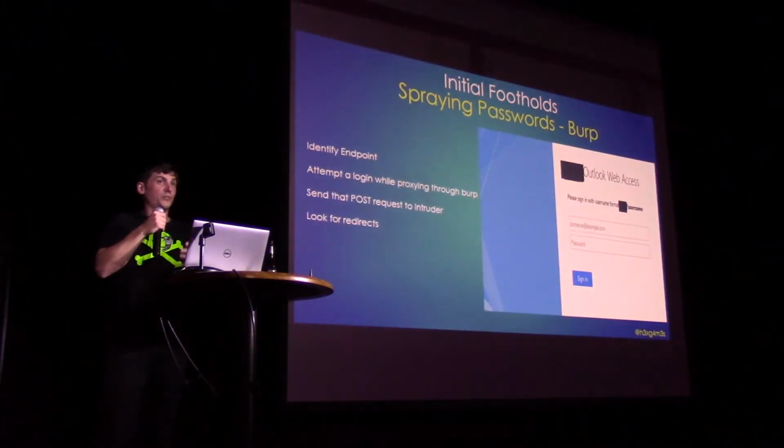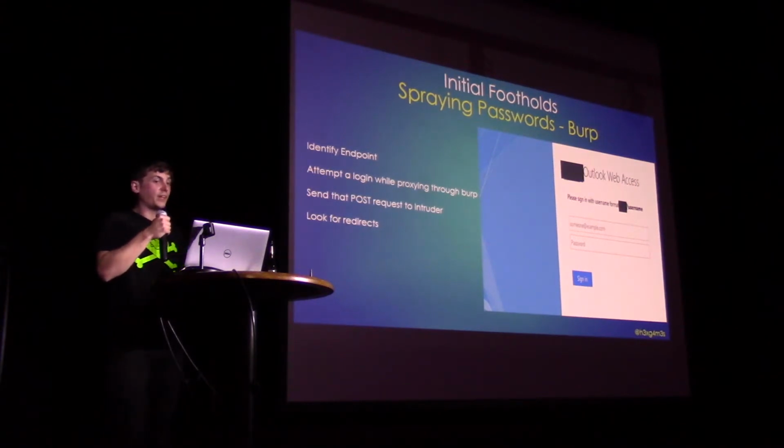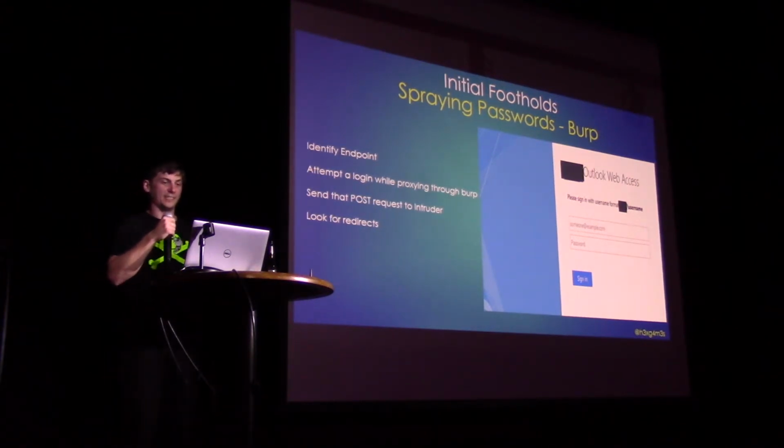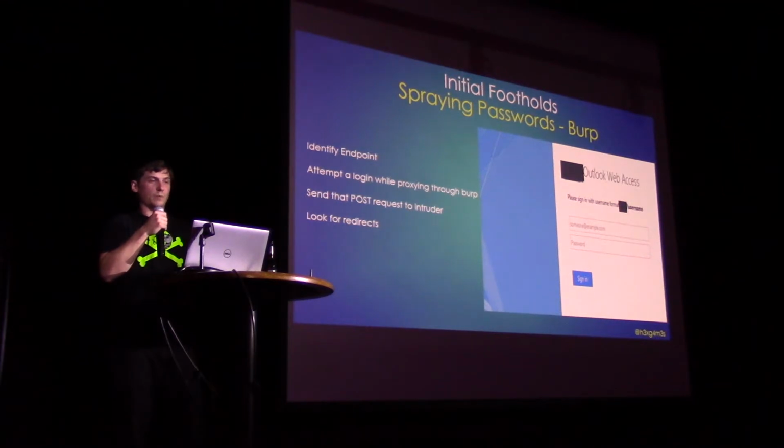There are tools for doing this that are fairly simple too, of which Burp is an easy one, at least for Outlook. There are some specific tools that even target Outlook itself to do the logins for you, but I'll step through literally every step that it takes. I'll go to your Outlook website.